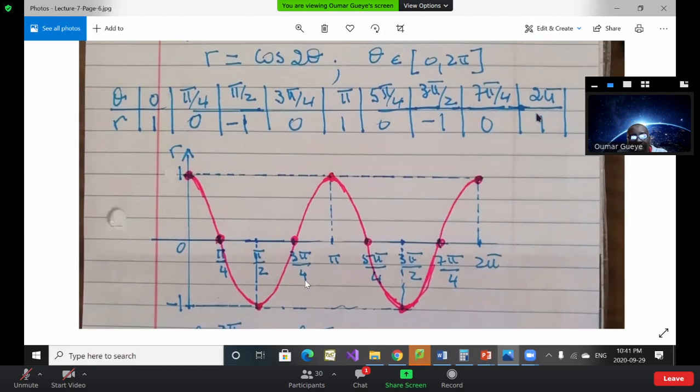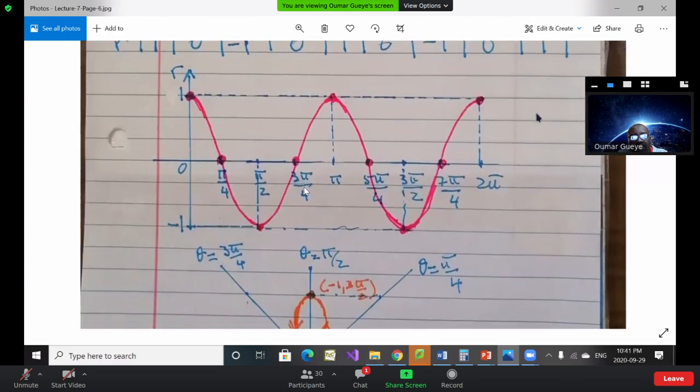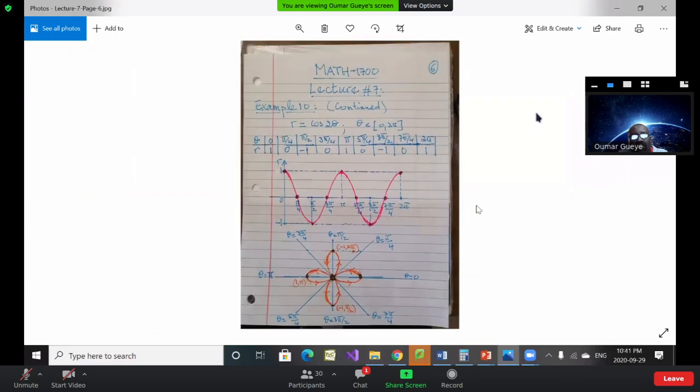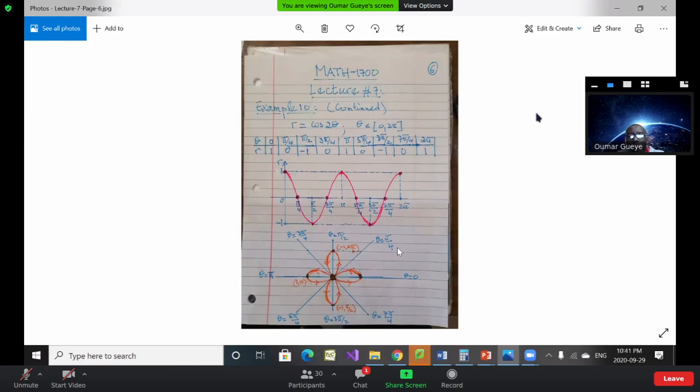Now let's see how to sketch. All right, so as I said before, to locate the point, the first point is 0, 1, and theta equal to 0 is here.